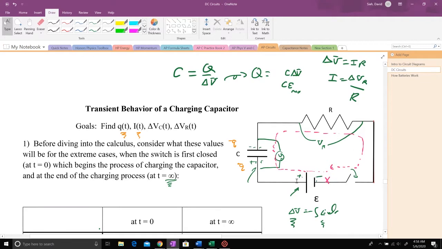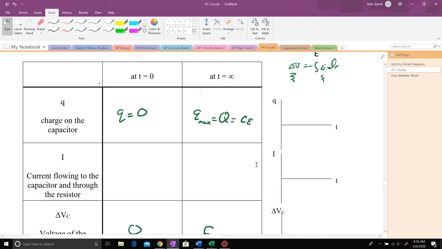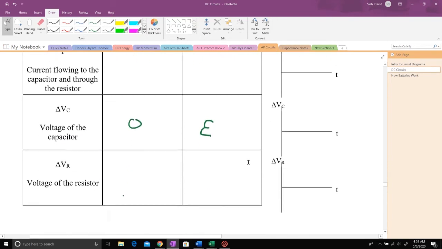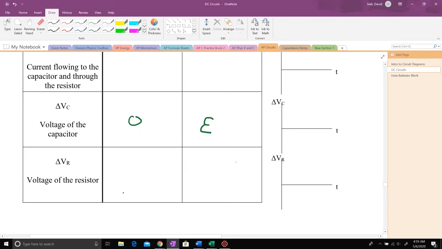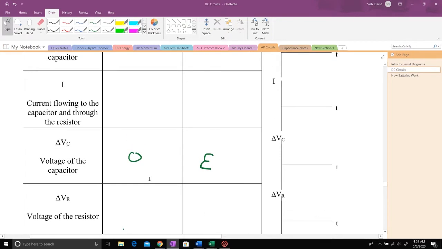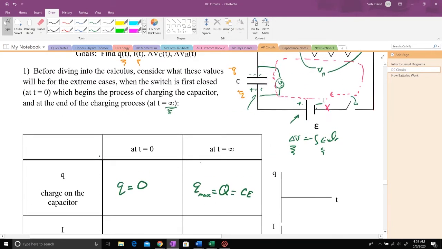And so the delta V for the battery is across the resistor, and there's no delta V across the capacitor at the first instant. Now, as soon as I start getting charges built up here, there's going to be a delta V between the two plates. But at the first instant, there's no delta V across the capacitor. And so that means that full delta V has got to be across the resistor.